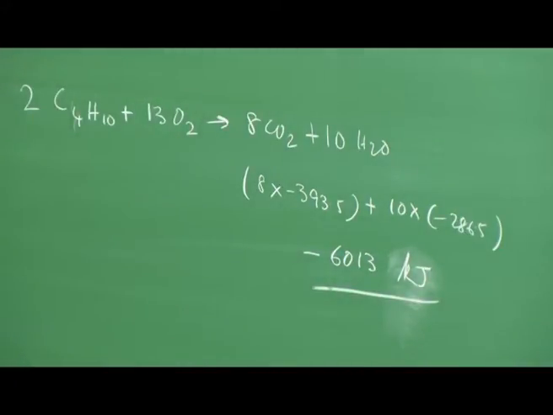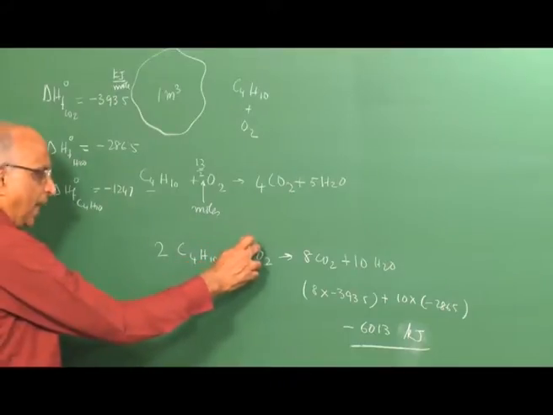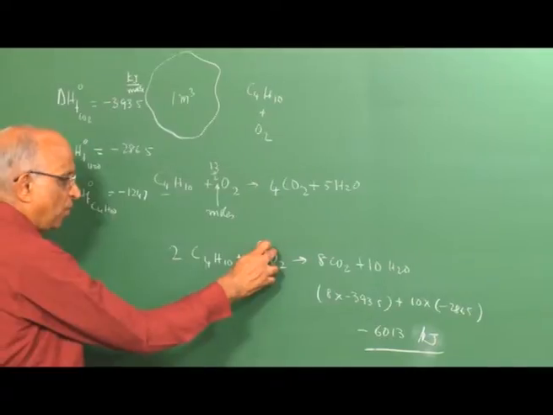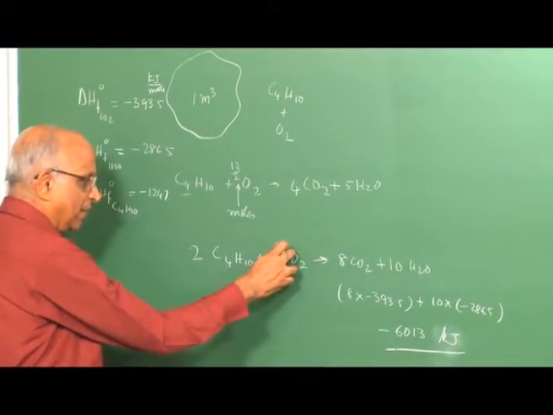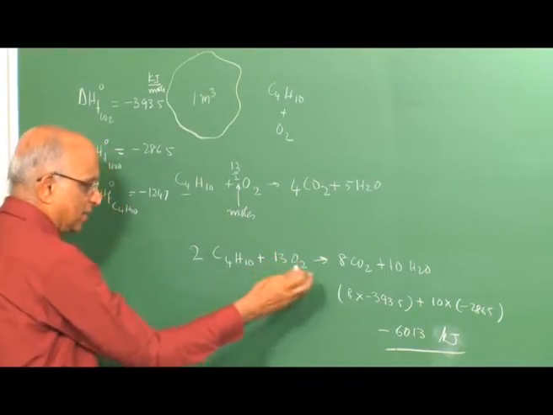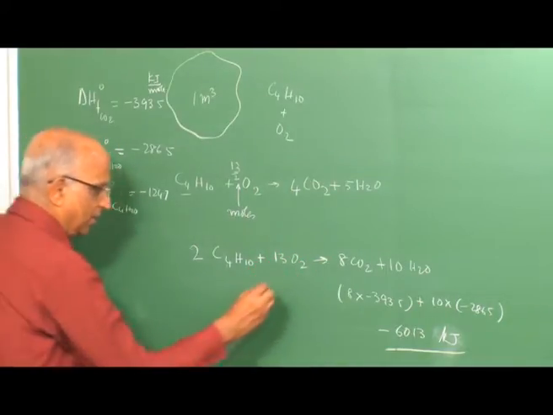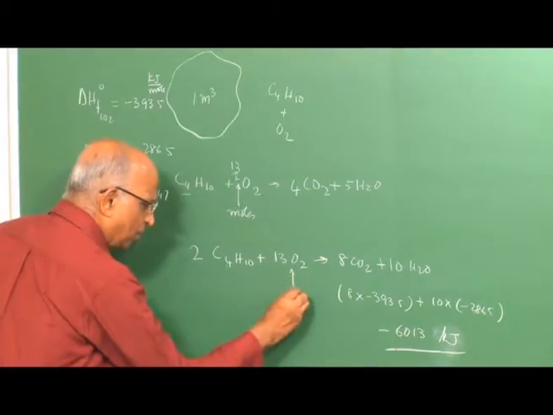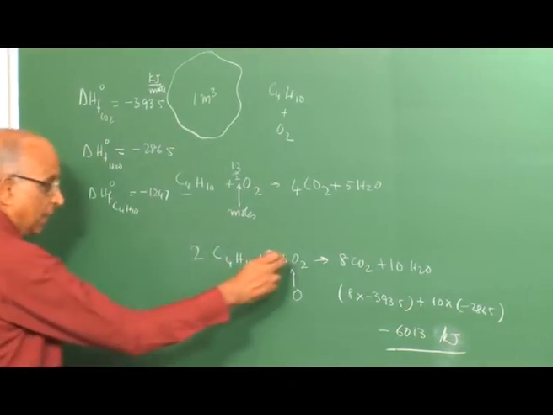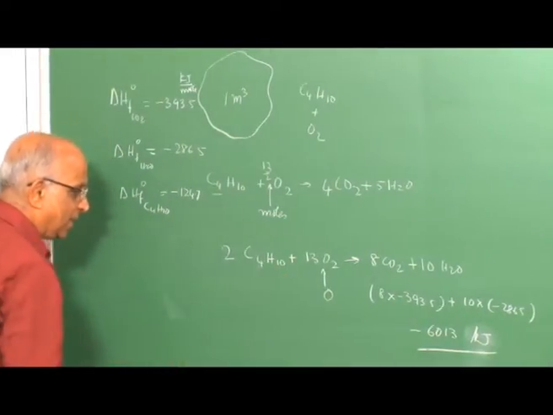How about the reactants? Well, oxygen is a naturally occurring element, and we define heat of formation with respect to naturally occurring elements. We presume both the products and the reactants are at the same standard condition. Therefore, the heat of formation of oxygen is 0, being a naturally occurring element at the standard condition.